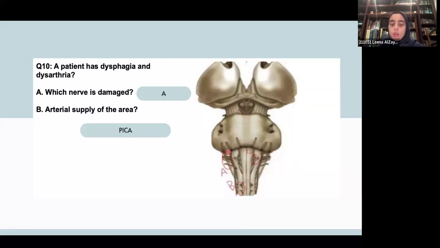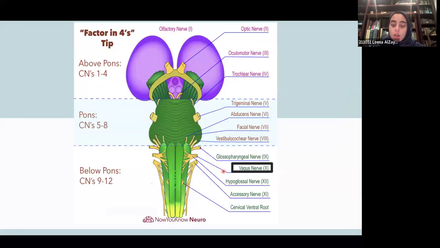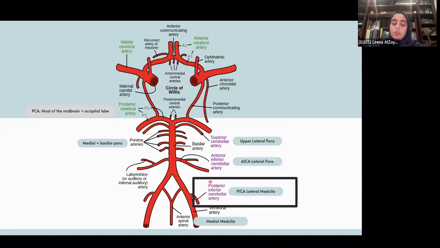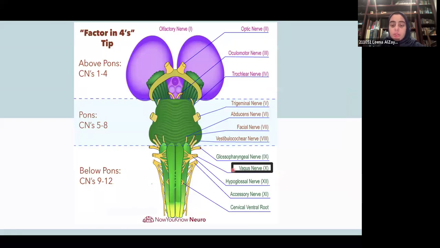We're still in the medulla, lateral medulla. So it's supplied by one of the arteries that supply the cerebellum as well. So over here in the picture, I mentioned that the lateral medulla is supplied by the posterior inferior cerebellar artery. And just a reminder that the vagus nerve is over here.